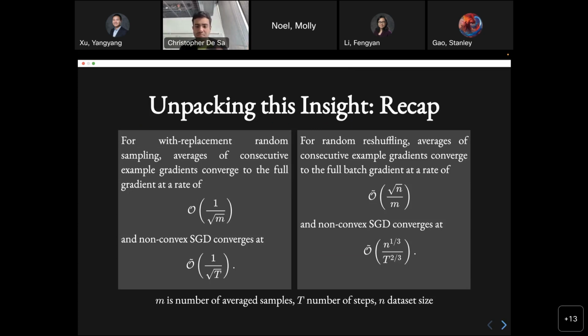Similarly, for random reshuffling, it's not exactly the same, but if you compare these two rates, the effect seems to be that you multiply the numerator by some power of n, and you multiply the denominator by that same power of m, or t.